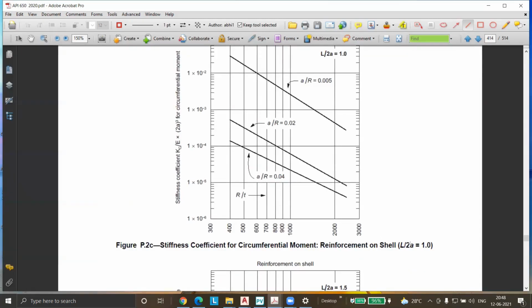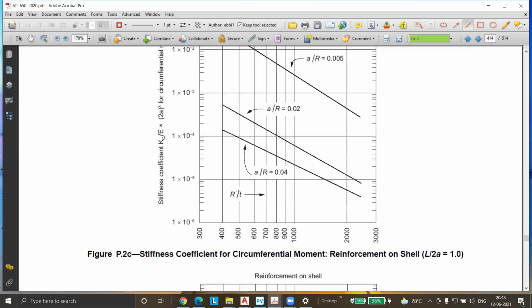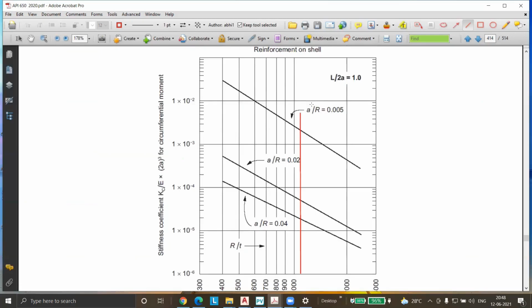Once I have that L by 2A, I have the graph, and then I need the R by T value. R is the tank radius divided by thickness, so definitely it will be a very large value. Then I see which line it falls on.